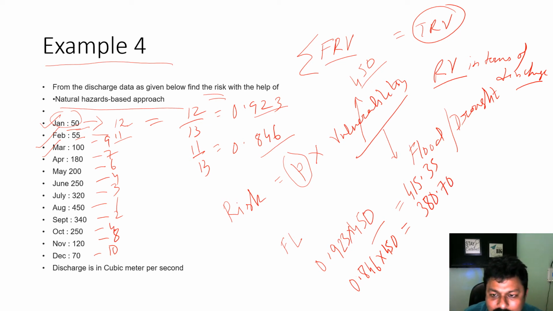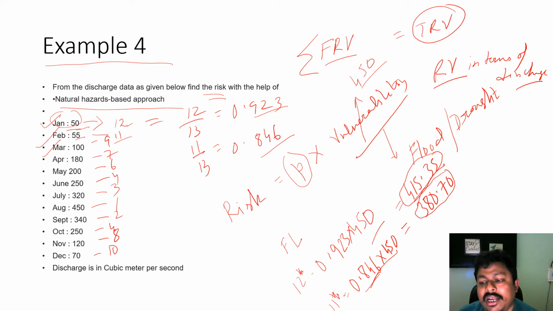So if I consider this as the risk value, the lower amount of discharge will have a higher risk value compared to the higher amount of discharge. This is because the 12th rank discharge will have a higher risk value compared to the 11th rank discharge, which is not true and doesn't indicate the real picture.